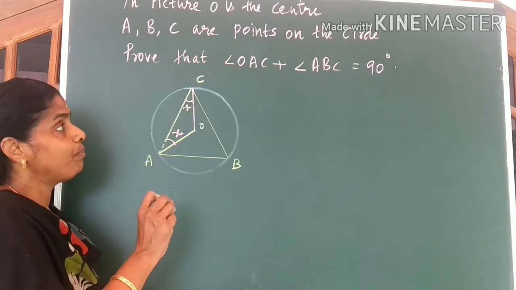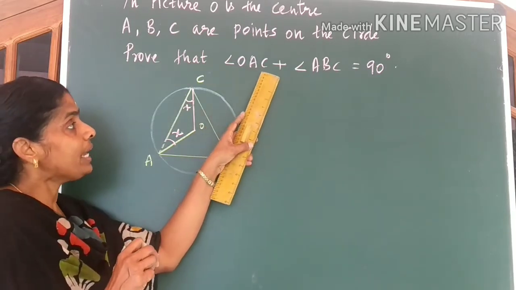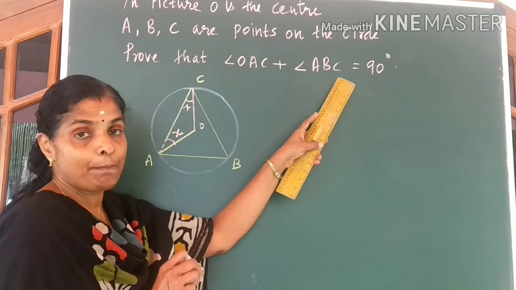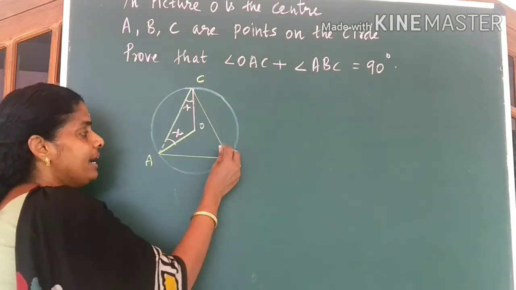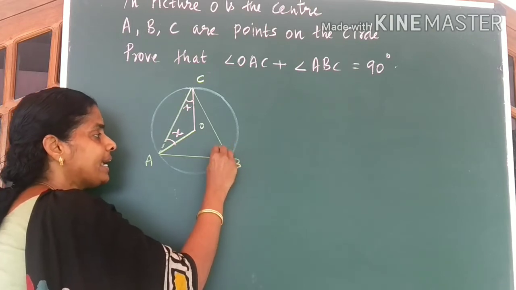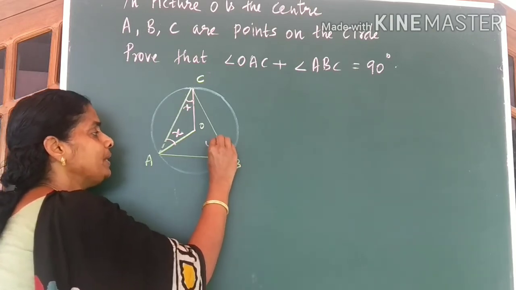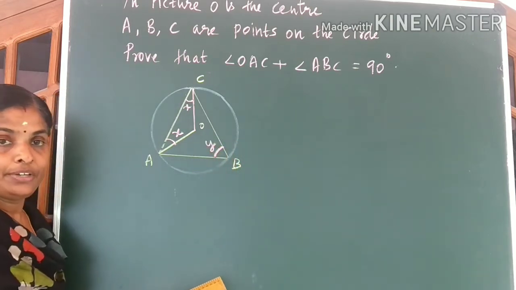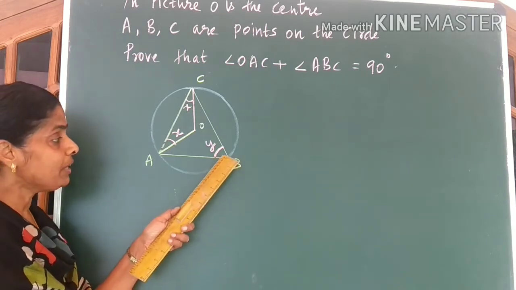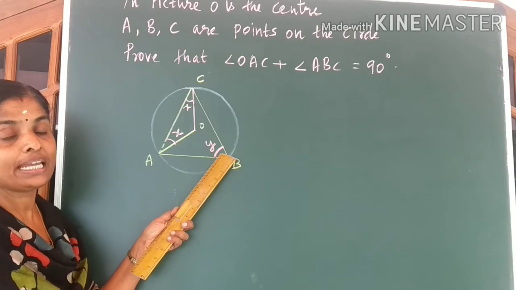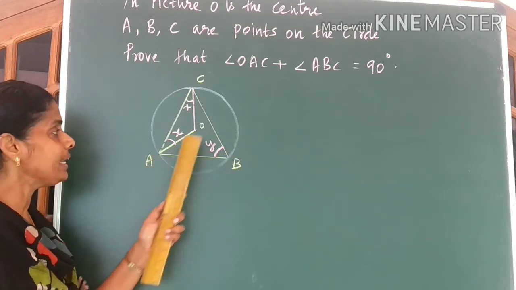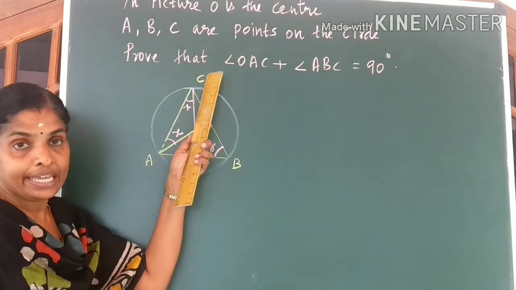Now, we have to prove angle OAC plus angle ABC. Angle ABC, we have no idea, so I am taking this angle to be equal to y. Do you understand? Now, if you take this angle as y, what can you say about angle AOC?